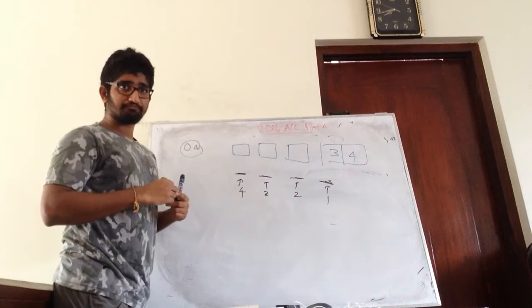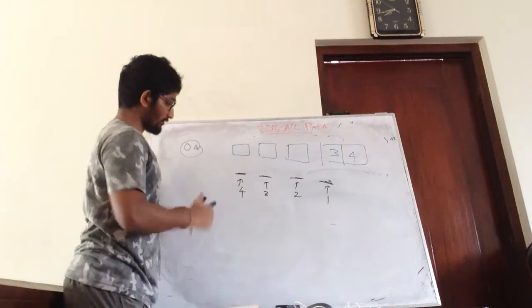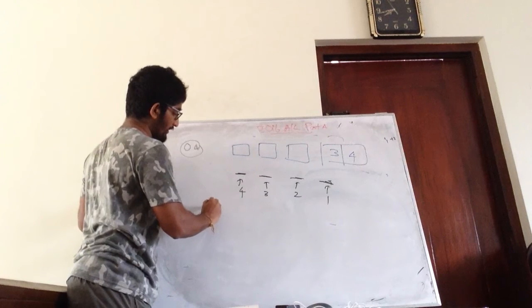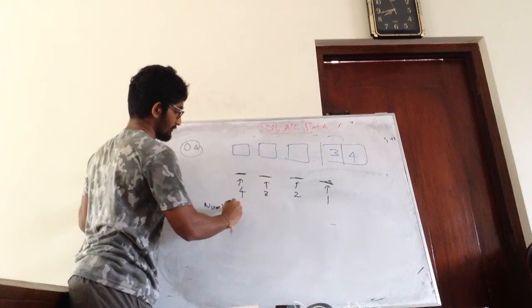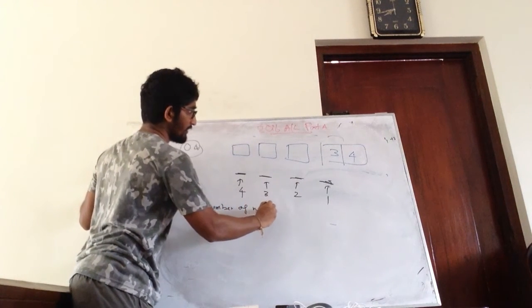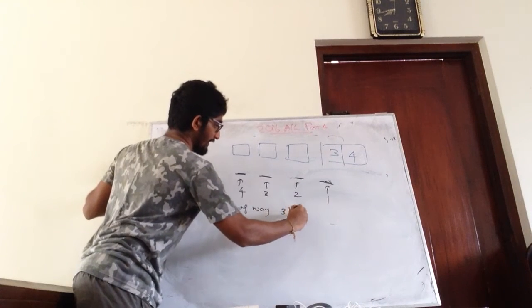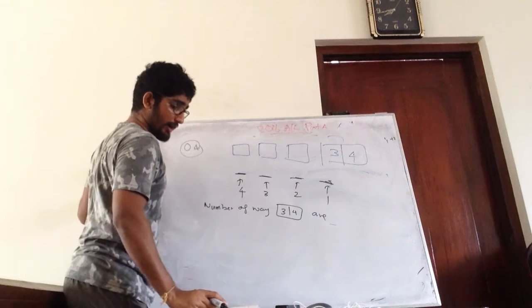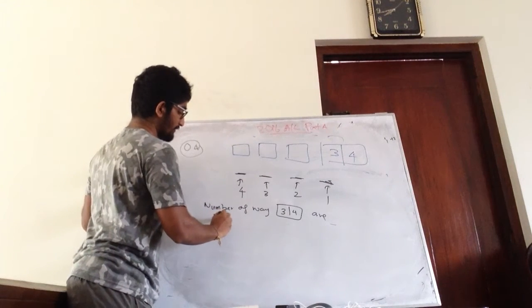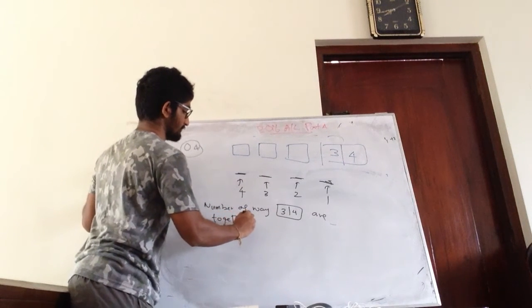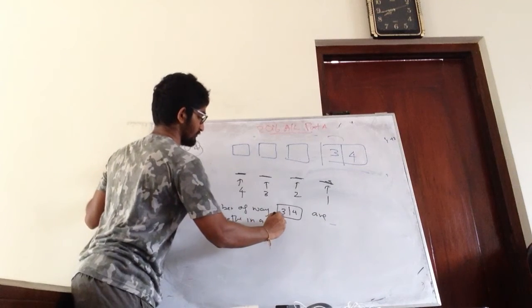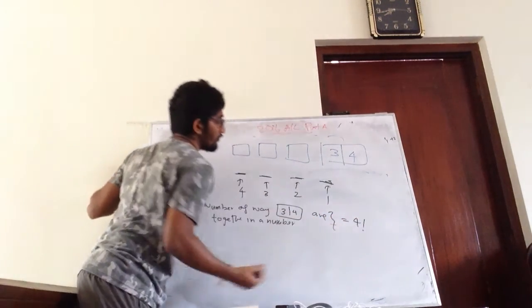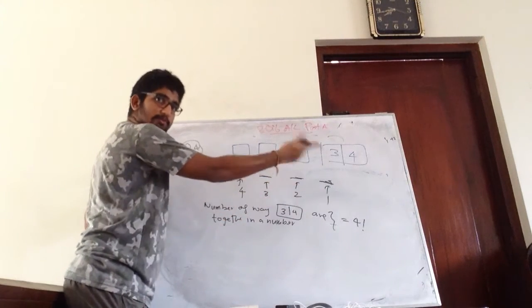So this is the number of ways 3, 4 are together in a number. That is factorial 4, or basically 4 times 3 times 2 times 1.